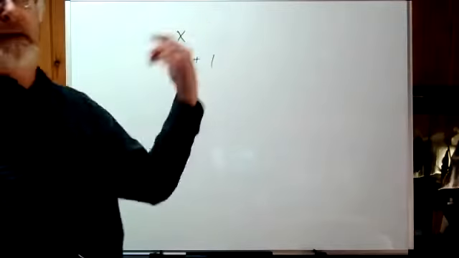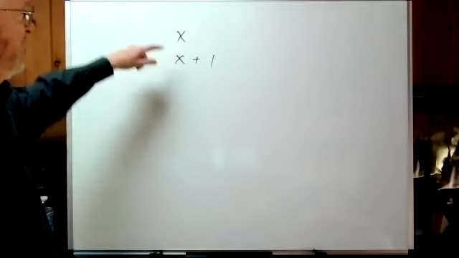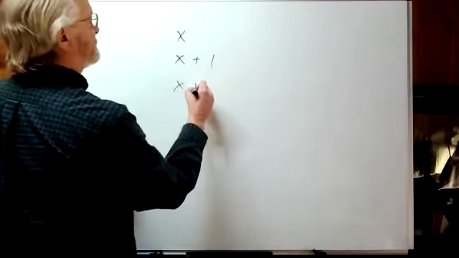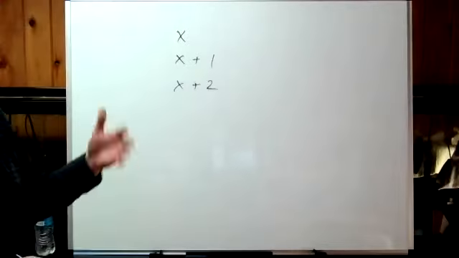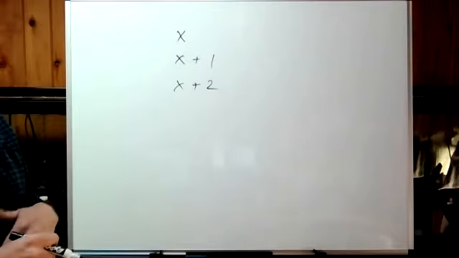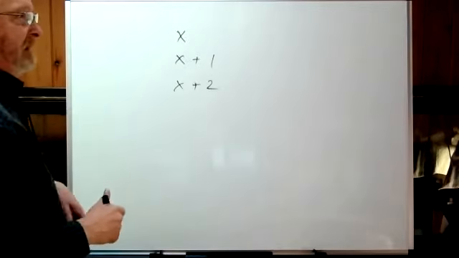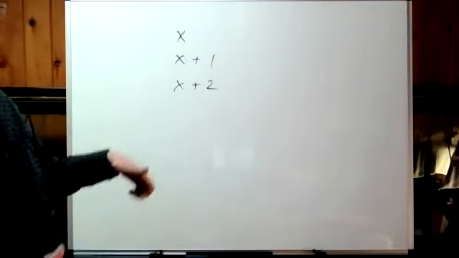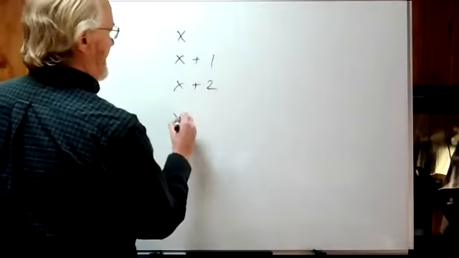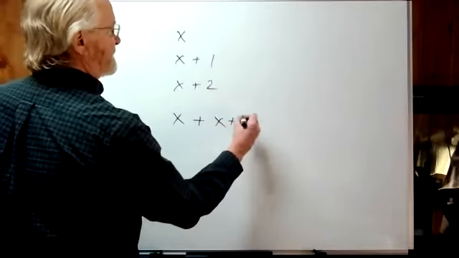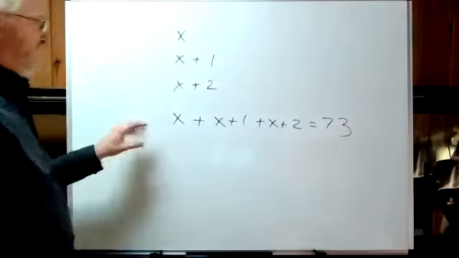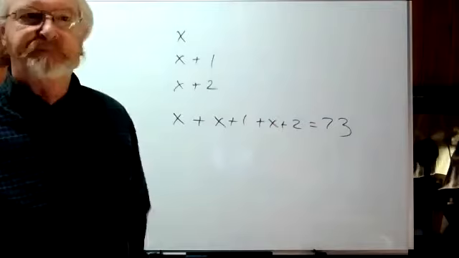Well, what if I have 3 in a row? What's the one after that? Well, it's 2 more than that first one. So here are consecutive integers or consecutive positive numbers. And these kinds of problems will say something like, the sum of these 3 consecutive integers is, you know, whatever, 73. So there I would add these 3 expressions I've just built: first number, second number, third number.